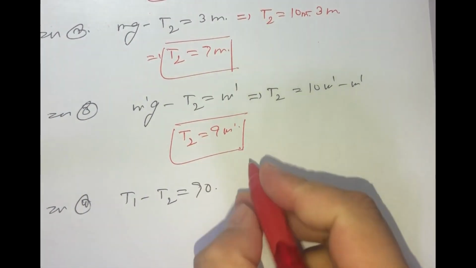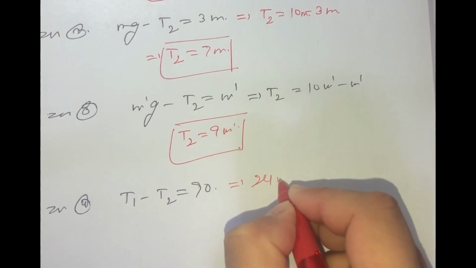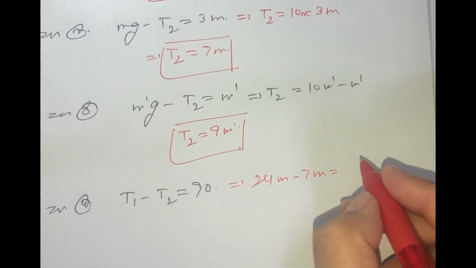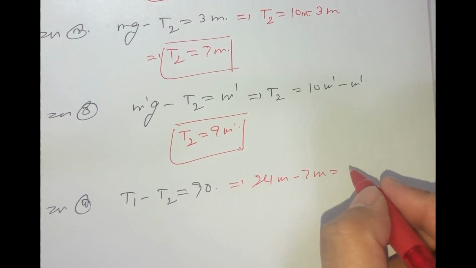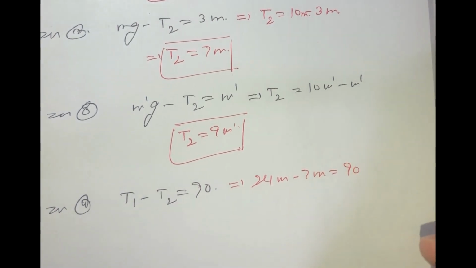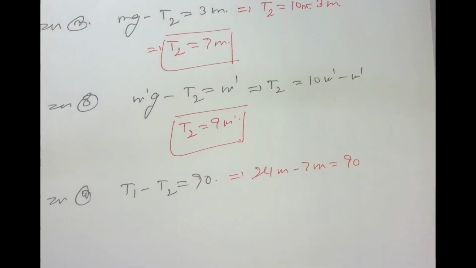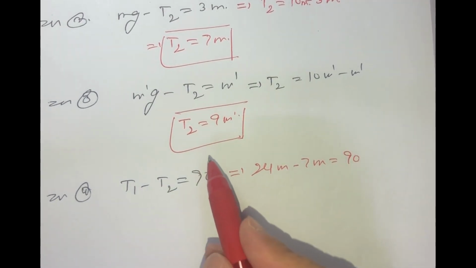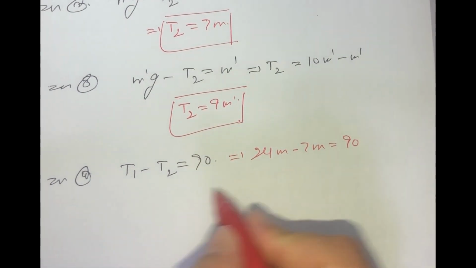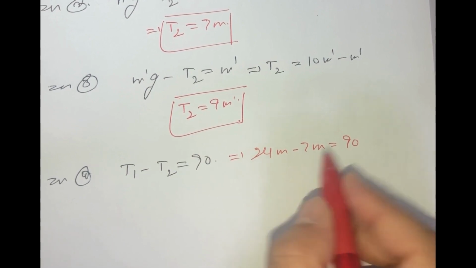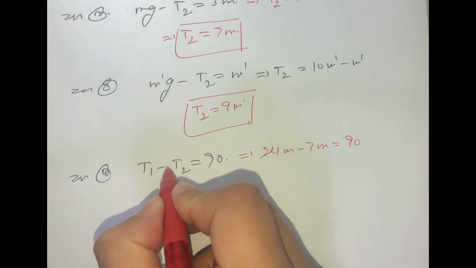So T1 is 24m minus twice T2, where T2 is 7m, and this comes equal to 90.